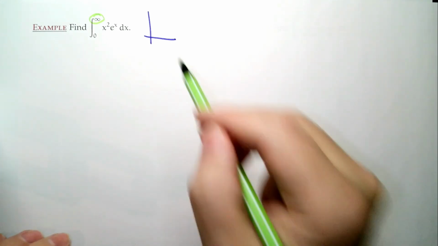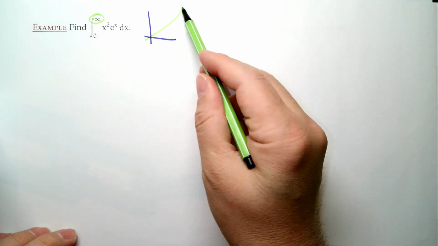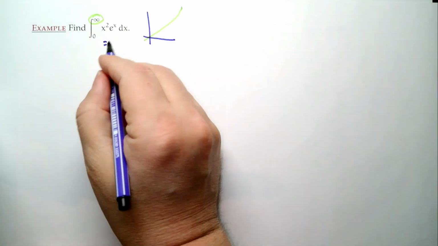As we head off to infinity, what happens to x squared times e to the x? It gets huge. It's going to be massive. All right, so if we got a function which is getting bigger and bigger and bigger, and we're asking what happens to the area underneath it, what's the answer? Yeah, this one's infinity. That's no fun.